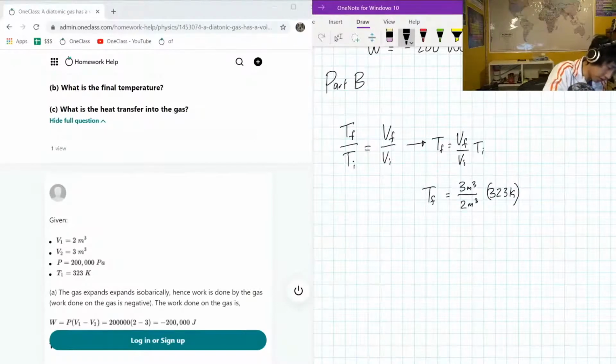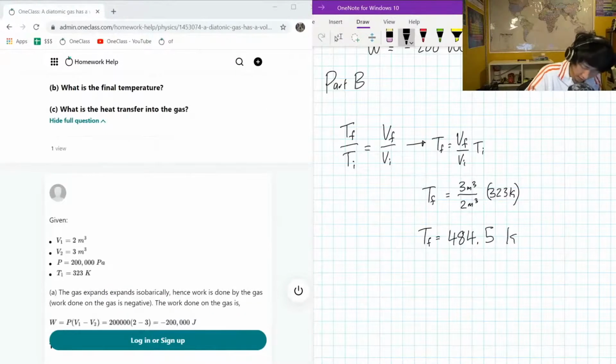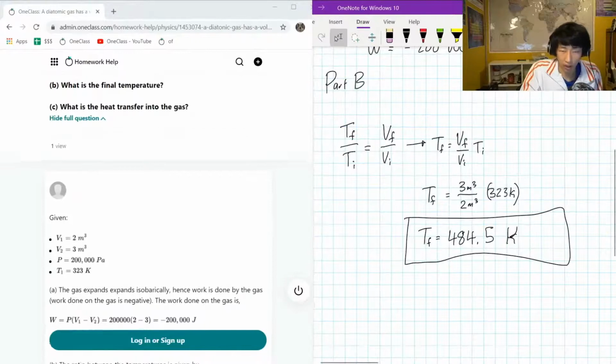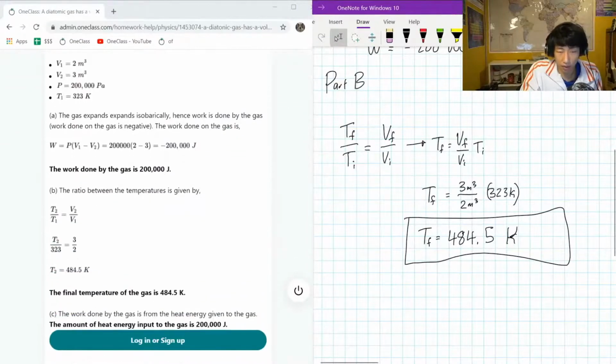So 323 times 1.5, another way of saying 3 divided by 2, is 484.5 kelvins. Okay, so that shall be our final temperature of the gas upon its isobaric expansion.